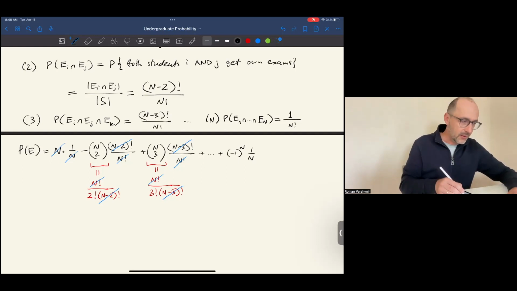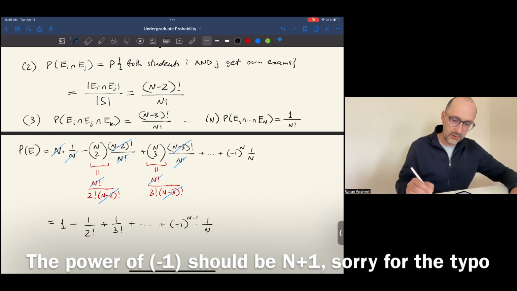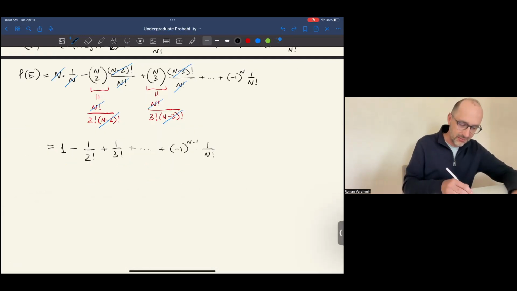So all in all, this probability is 1 minus 1 over 2! plus 1 over 3!, and so on and so forth. And the last term is this. Remember, this was the complement to the original probability.